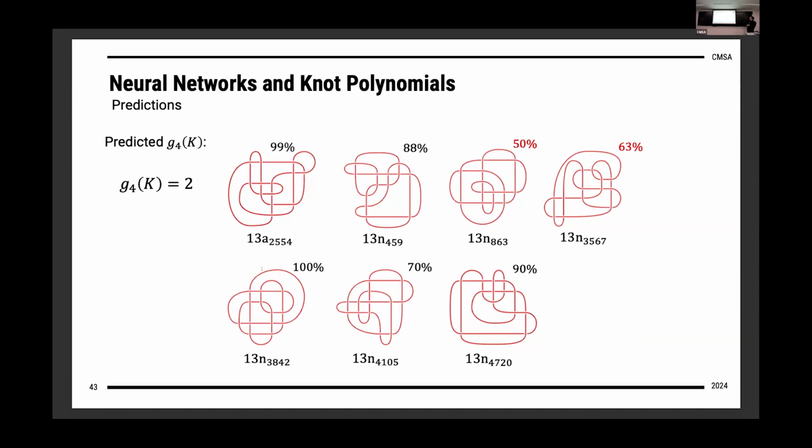We will see that when we augment the data, the predictions will fluctuate a lot for these knots, but for most of the other ones, it will remain stable. Now, as of now, it is unknown what the actual smooth genus of these knots is, so we don't really know if they are predicting these correctly or not.